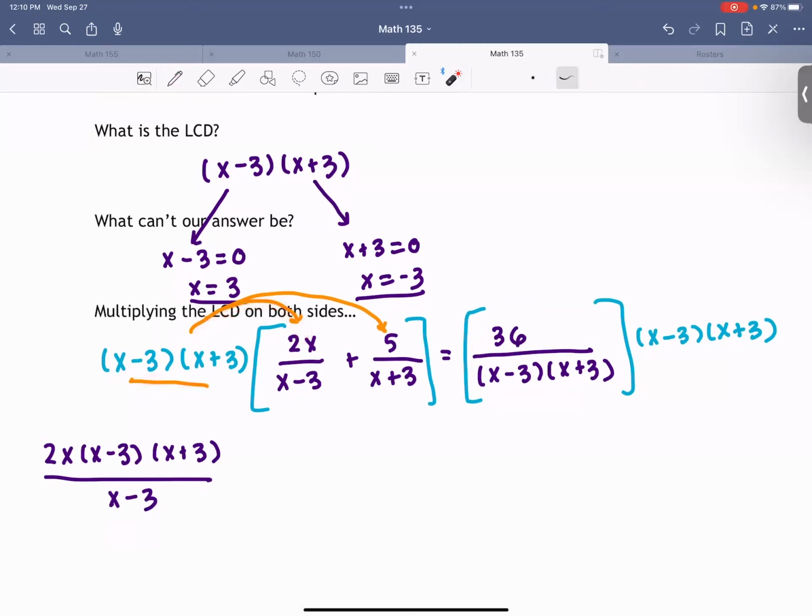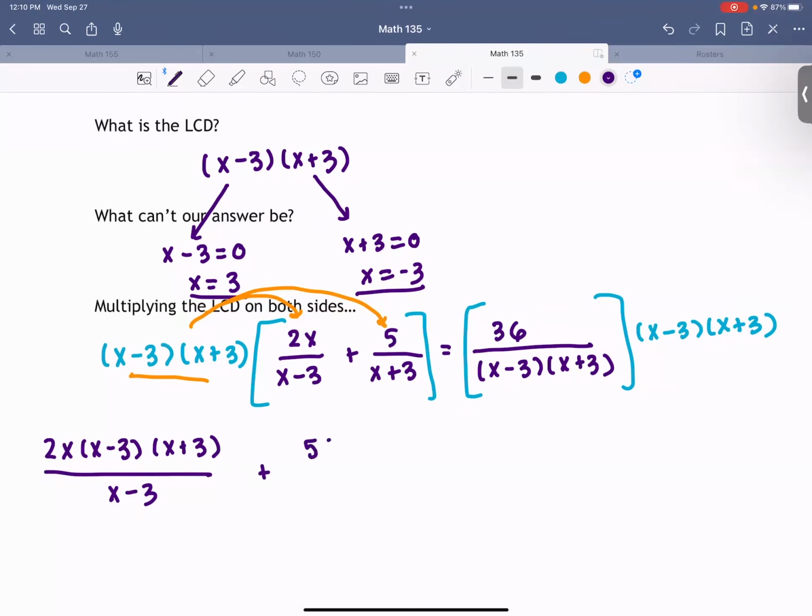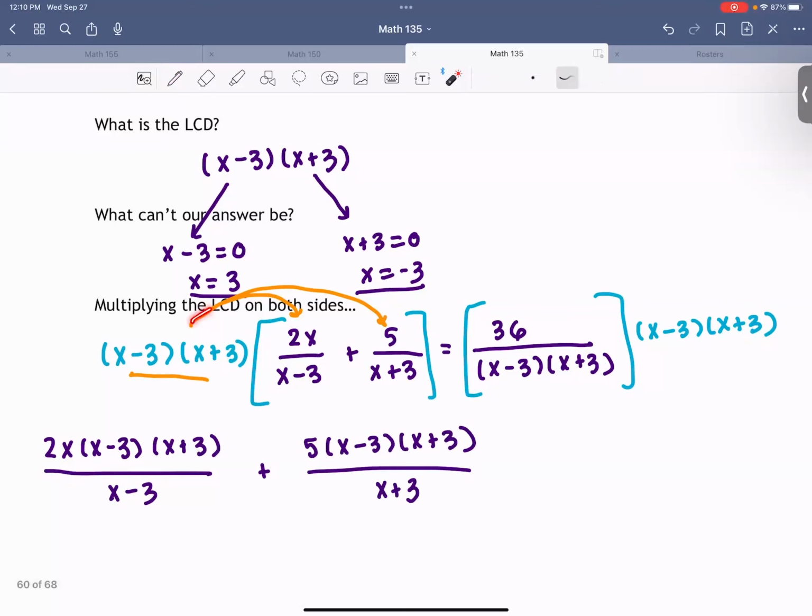So it's literally the first term with the LCD on top. I'm going to do the same thing to the second term. This becomes plus 5, x minus 3, x plus 3 over x plus 3. So now I'm done with the left-hand side. I just multiplied the LCD by the top of both of these to get this here.